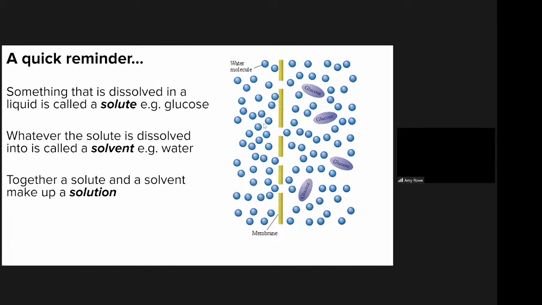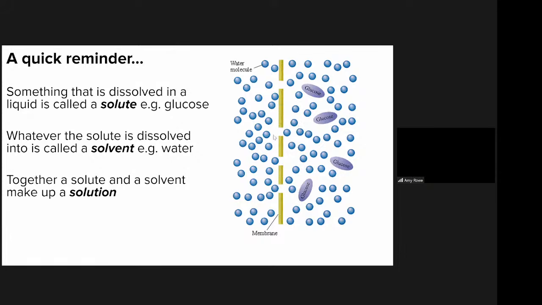And you might also have examples where you have salts or ions dissolved in water. The glucose in this case, or the salts or the ions, are the solute. It's the stuff that's dissolved. Whatever the solute is dissolved in is called the solvent, and often that's water, as we can see in this diagram. And together, the solute and the solvent will make up a solution.